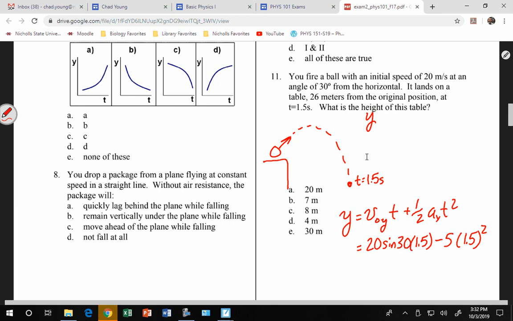We get 3.75 or 4 meters. So D is the right answer there.